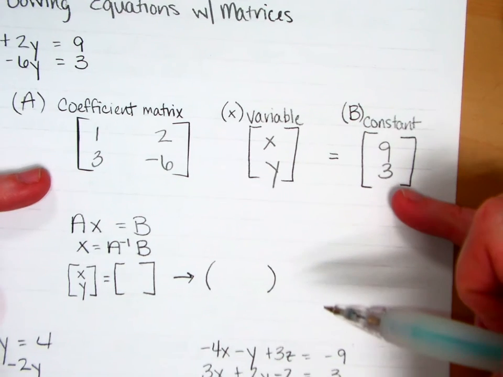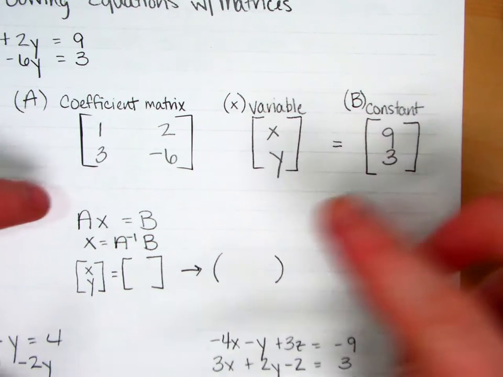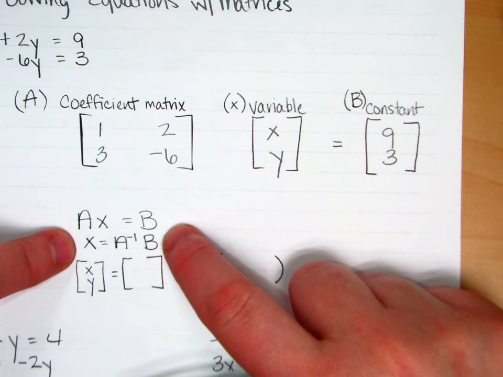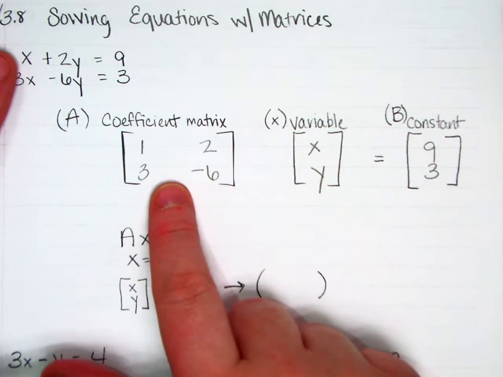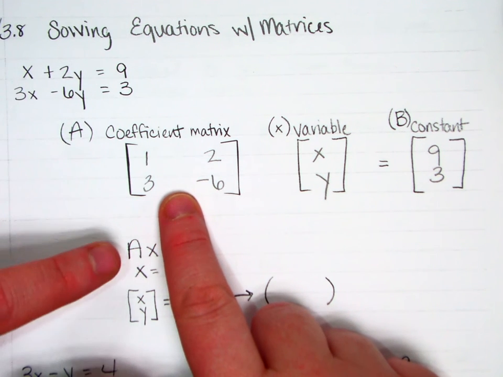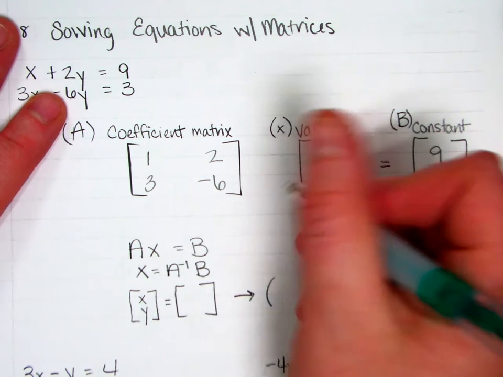So what we do is we set this up first. You must write this first if you want to solve by matrices. Then you write this. Then you write this. When you take the inverse and you're solving, in order to zero this out, meaning the identity matrix, we need to have the inverse on both sides.